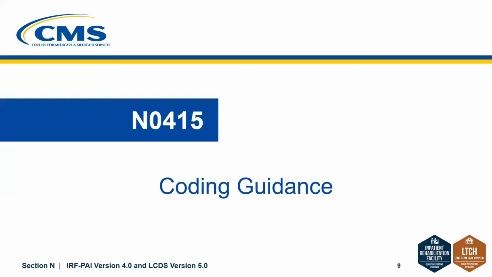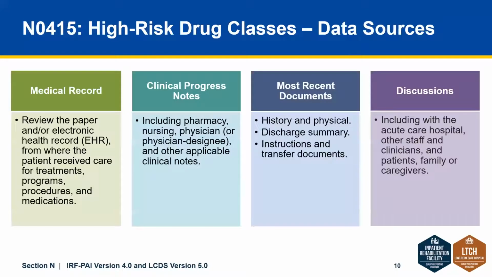Now we will look at the item guidance for N0415. We start with the data sources one can use to complete this item. These might include the medical record, whether it be a paper or electronic health record from wherever the patient received their care that included treatments, programs, procedures, and medications. You can also include clinical communication or notes.